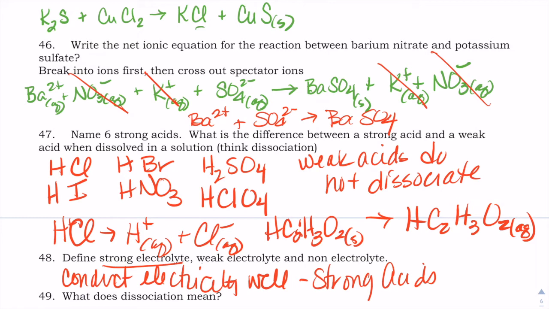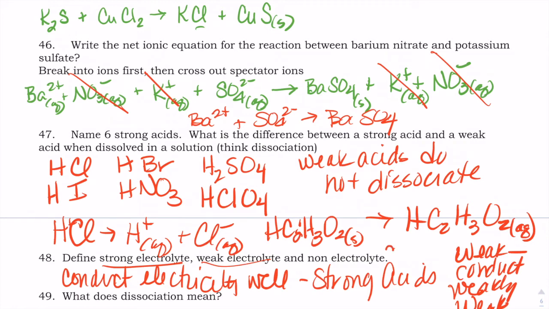Weak electrolytes conduct it weakly, obviously. Those are our weak acids usually. Non-electrolytes will not conduct electricity. So anything that is covalent will be a non-electrolyte.